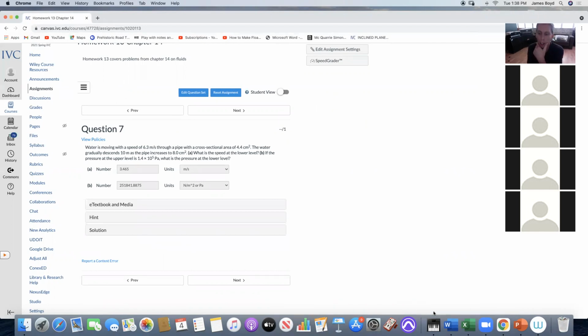If we run out of time, for this one, the pressure difference is P2 minus P1. The volume flow rate is A times v of either part, the area times the velocity. The mass flow rate is simply A v times the density of water. Let's try and do this one real fast.